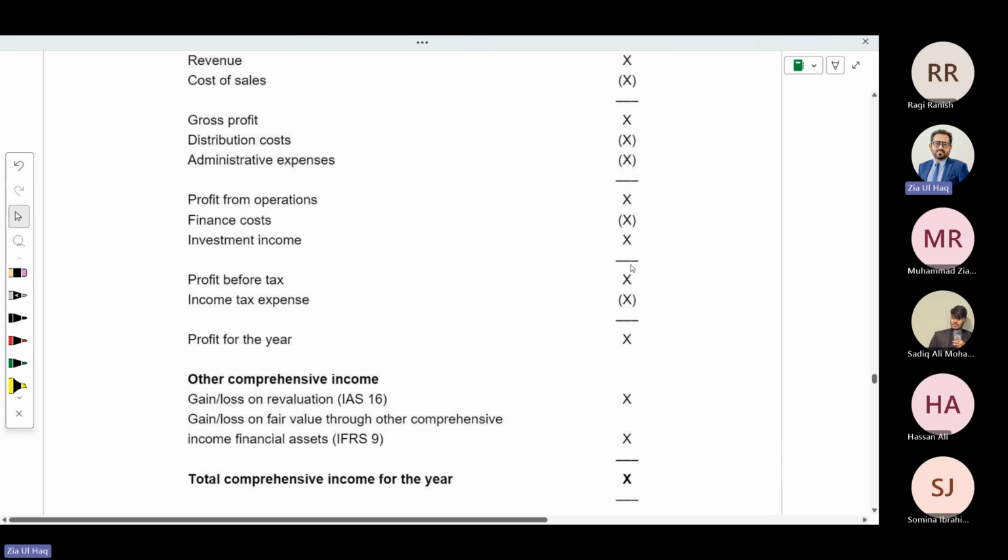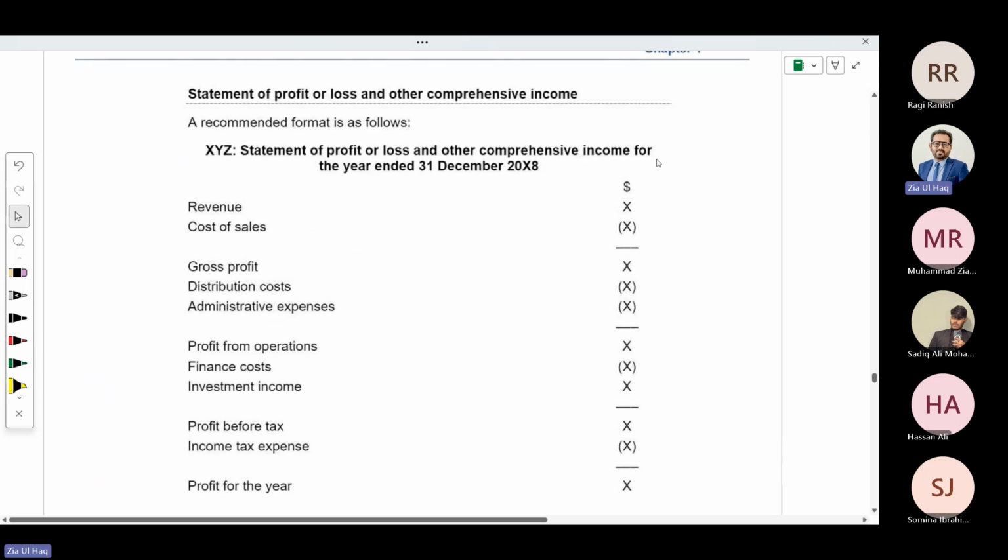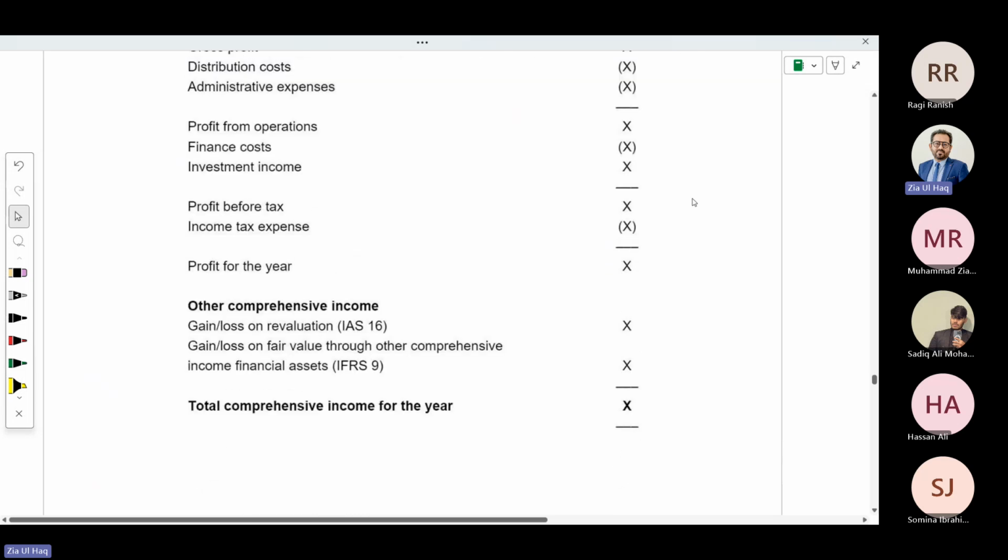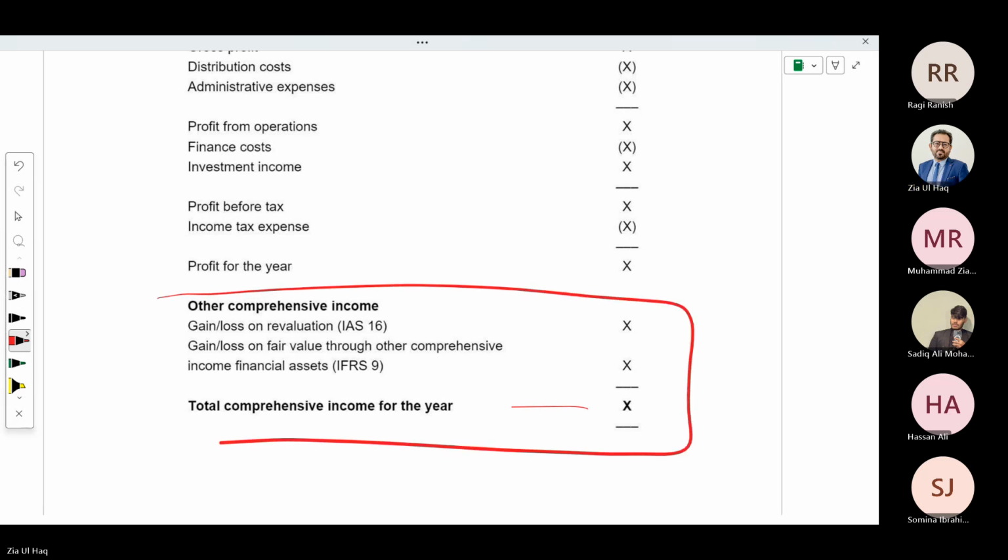If we are preparing combined, under the same head statement of profit and loss, first we will calculate profit after tax and then we will put the heading other comprehensive income and its total. If you are preparing separately, we need to put the company name, statement of other comprehensive income, year end, and then this will be recorded separately.